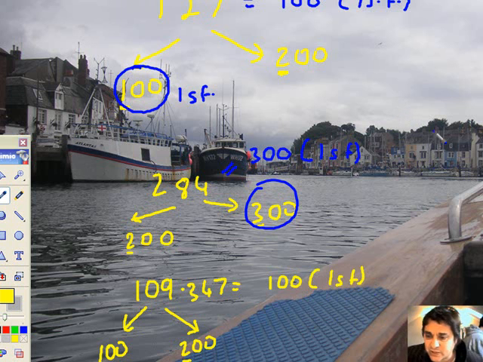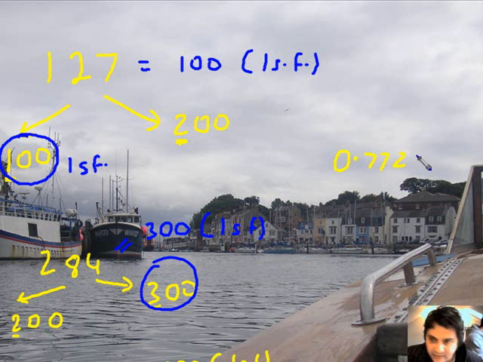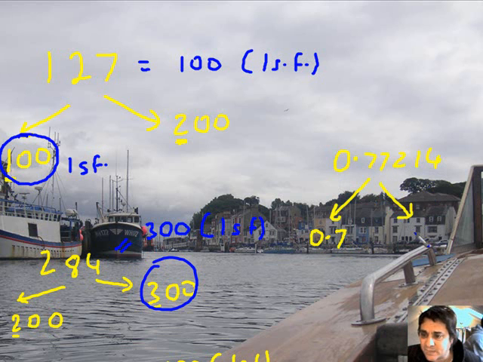Right, I want to do this one just over here. It says 0.77214. Alright, so one significant figure. Don't call it 0. The choice is we go down to 0.7, or we can take it up to 0.8. Admittedly, it's to one decimal place, but the question asks about significant figures.